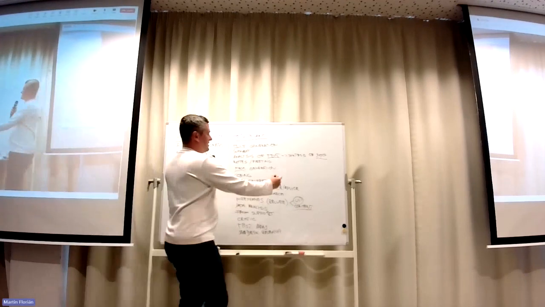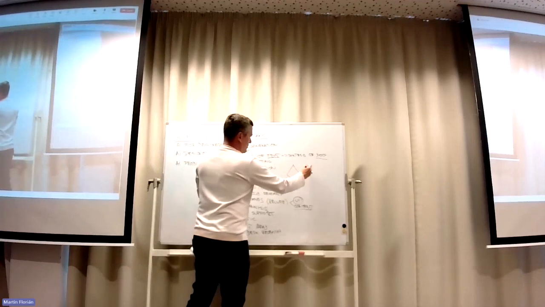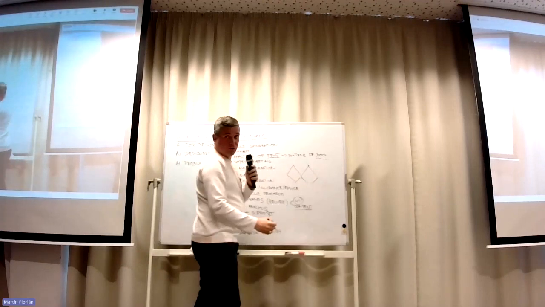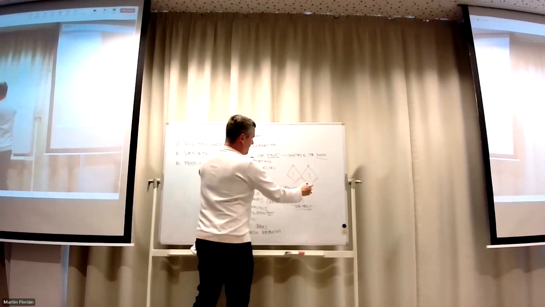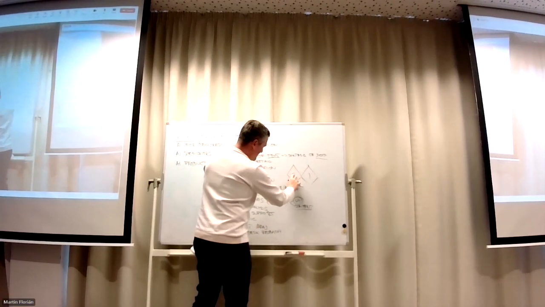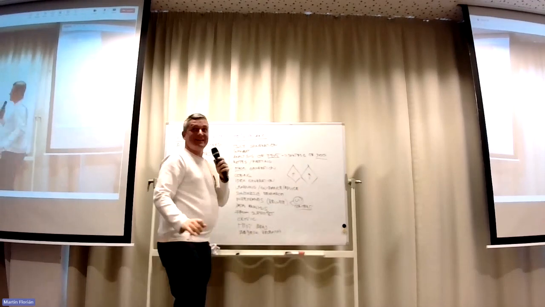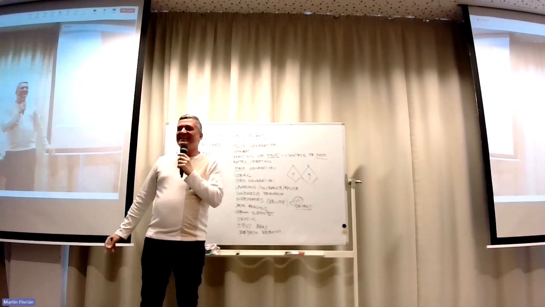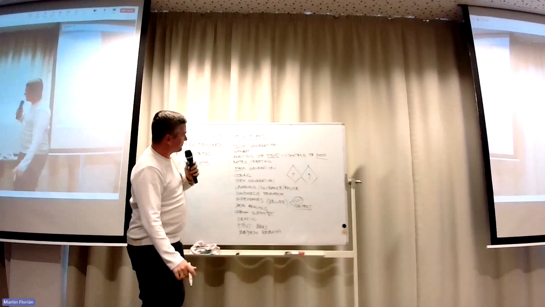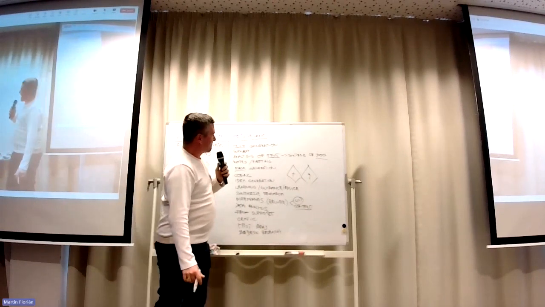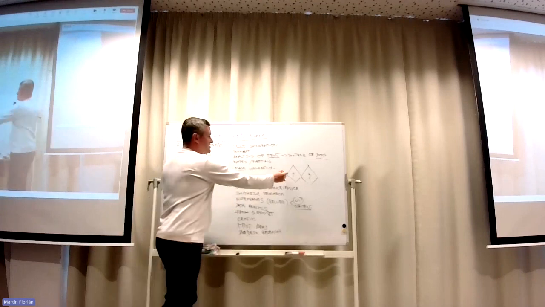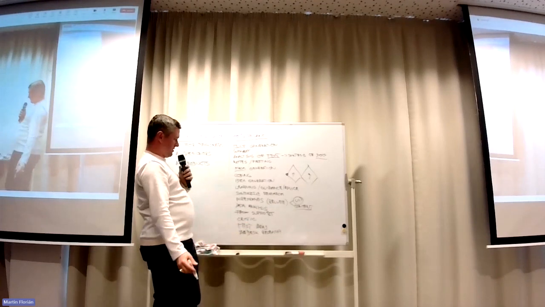So as you can see, if I draw, and you all know what this is, yeah. Sorry. Double diamond. Now it's quite artistic. Double diamond. You have secondary research here.